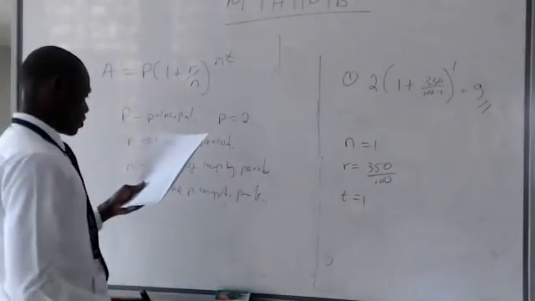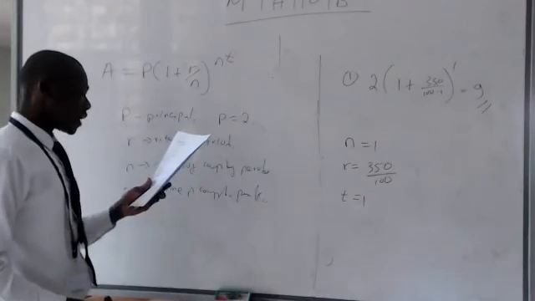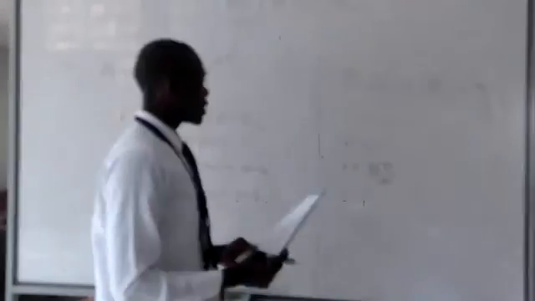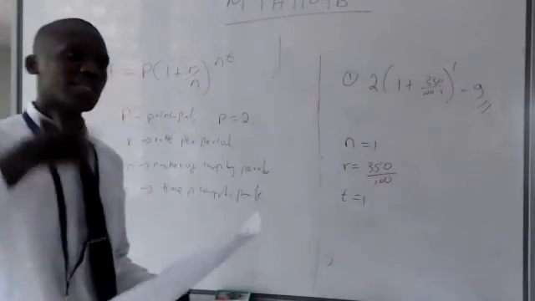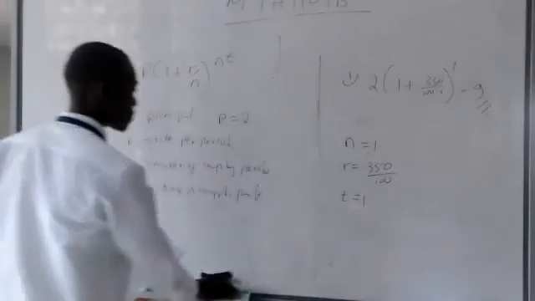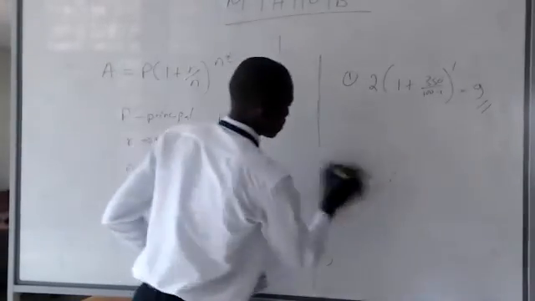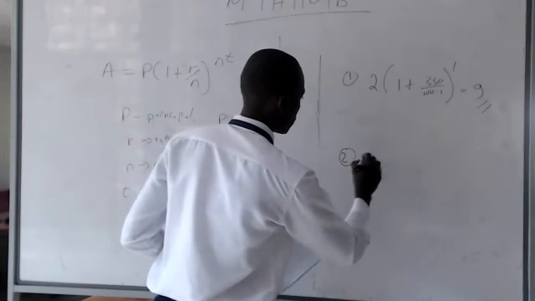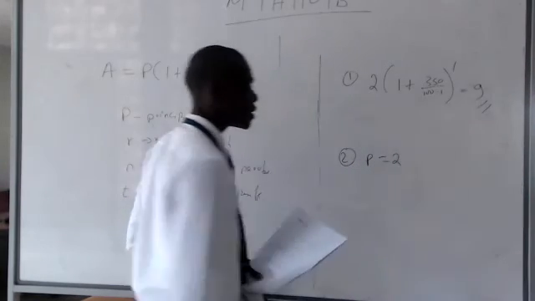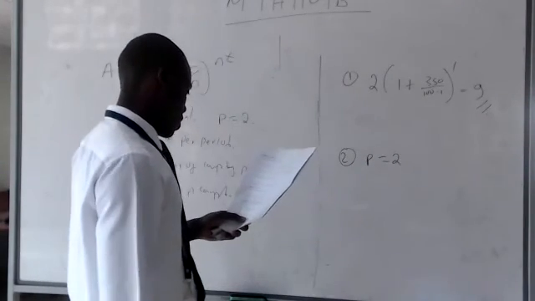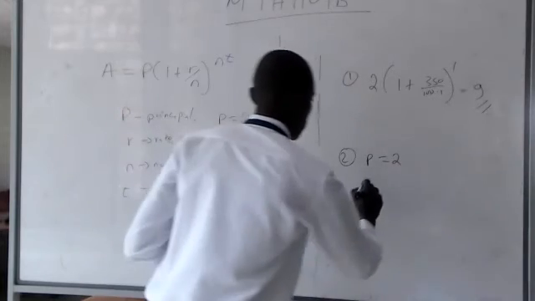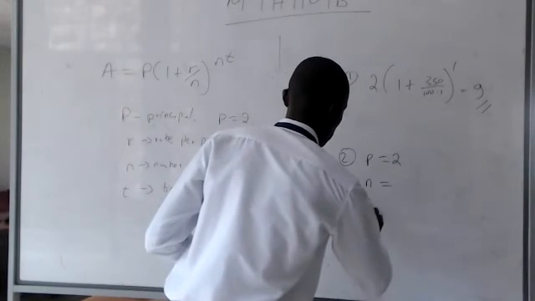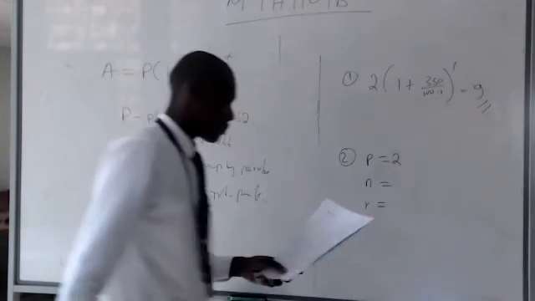The next one, you are asked hourly. If you're compounding it per hour, your money is earning after every hour. Second problem, suppose the principal is the amount you invest, it is still 2. We need the number of periods and the rate per period.